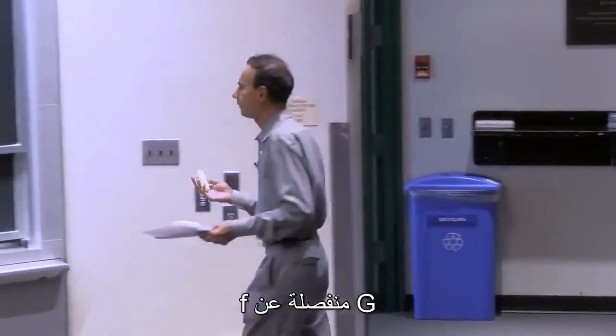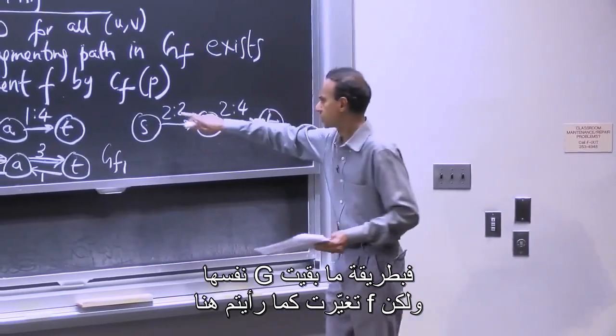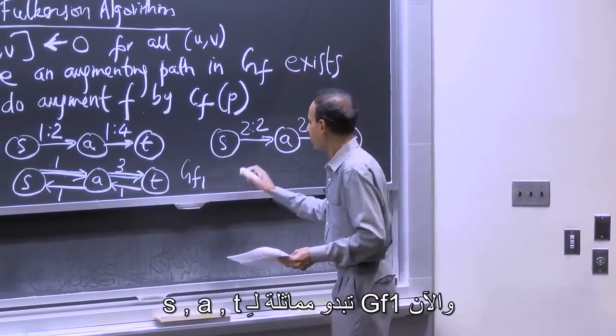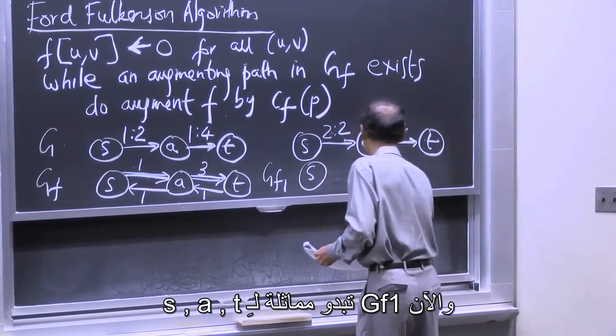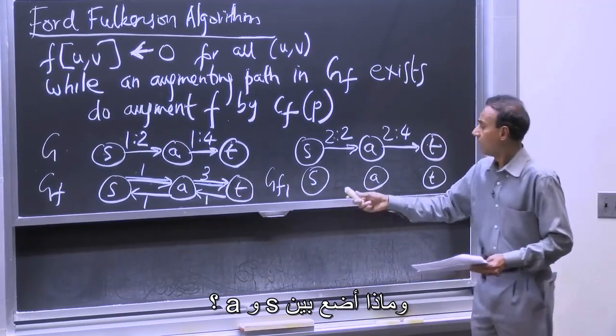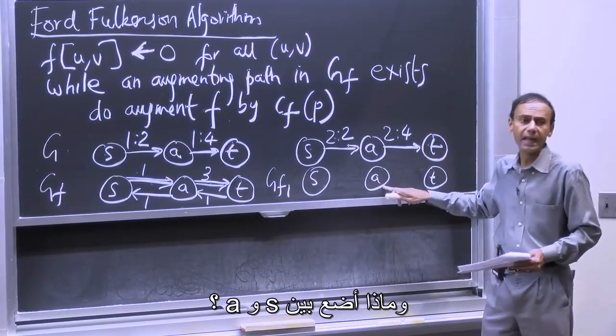The G is separate from F, so in some sense the G stayed the same, but the F changed, as you saw here. And now G_F1 looks like S, A, T, and what do I do between S and A?